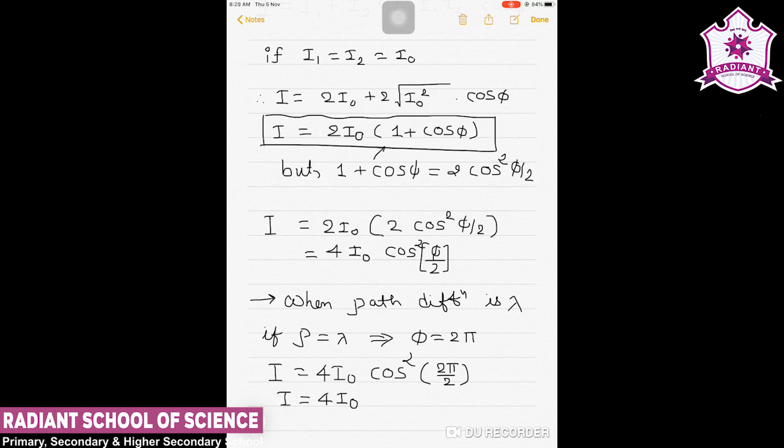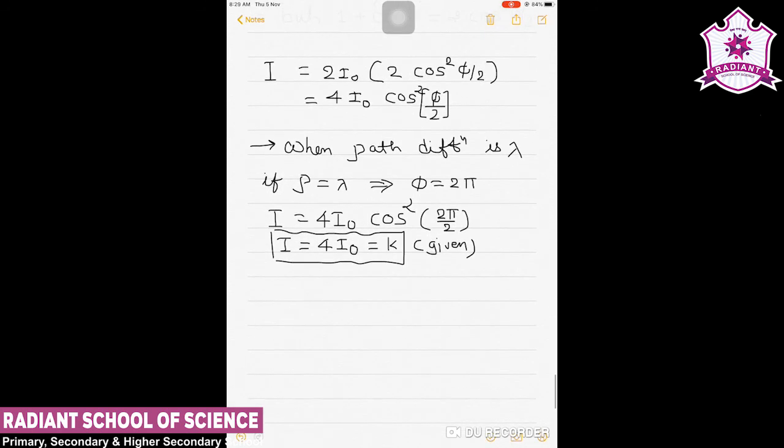So ultimately I is equal to 4I0, and that is given as k. It is given that initially when path difference is lambda, then intensity is k units.